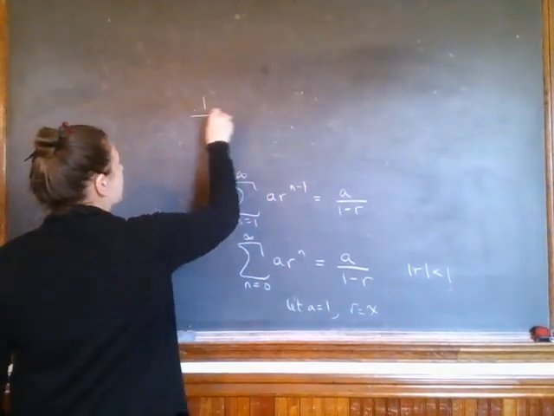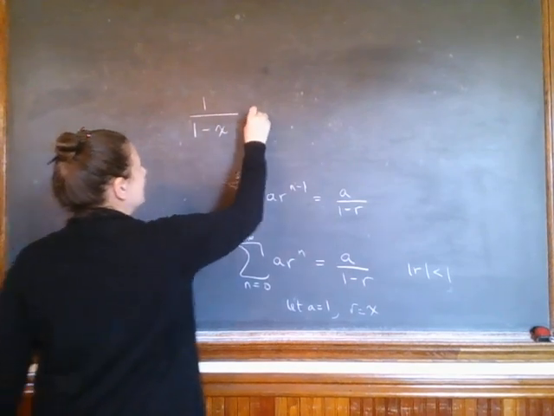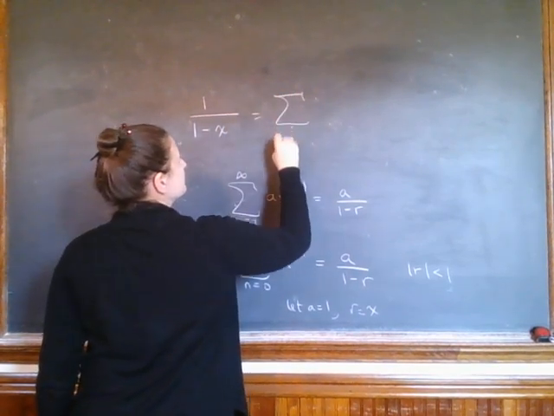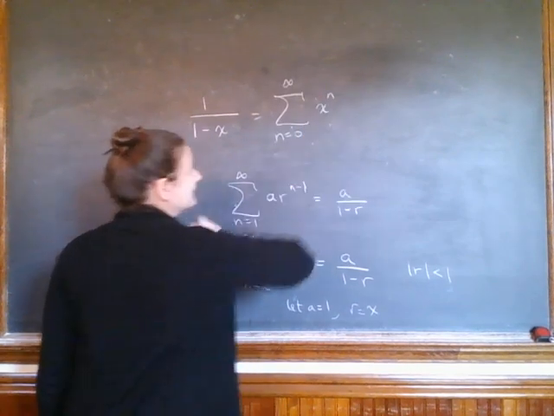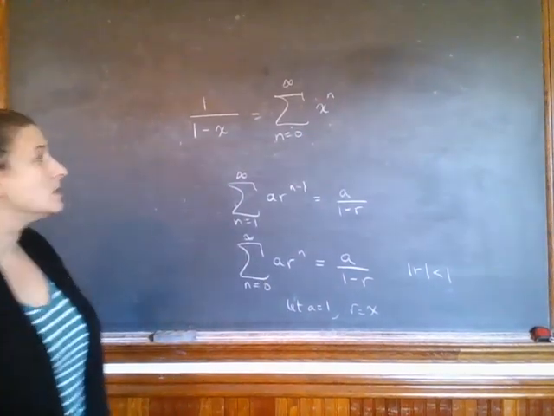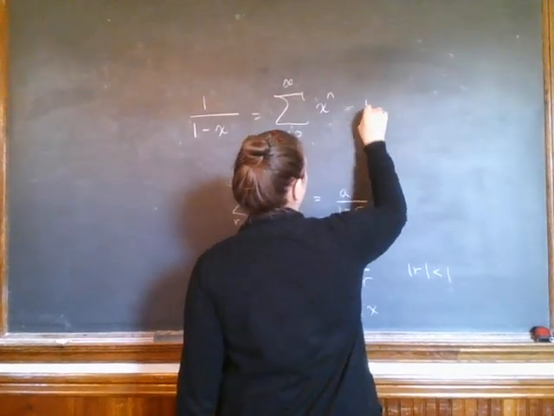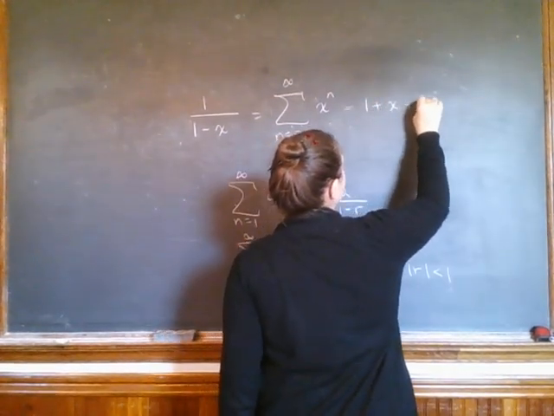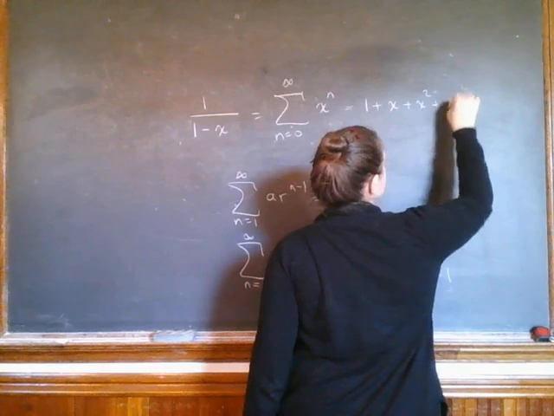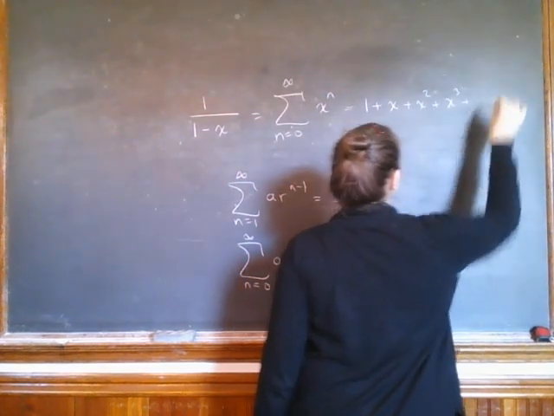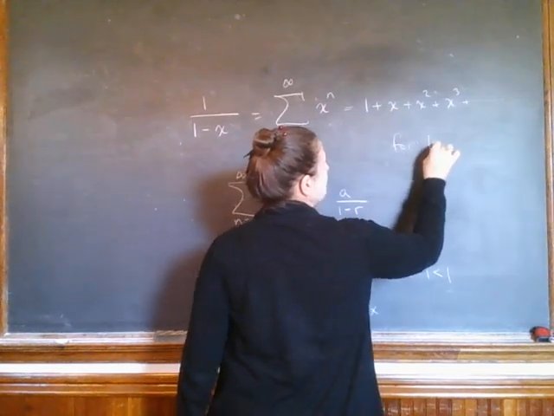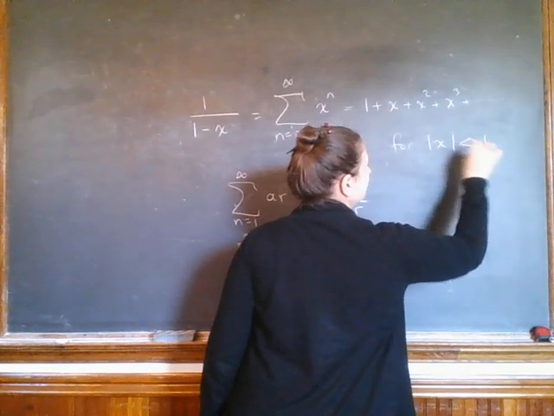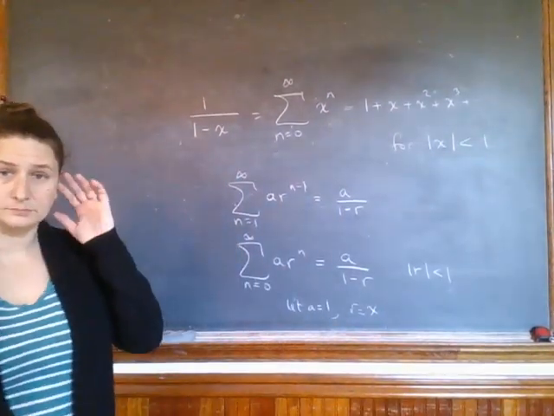So then I have 1 over 1 minus x, and that is equal to this series, the sum of x^n, which I know looks like this. This is the series, and this is true for every x between negative 1 and 1.